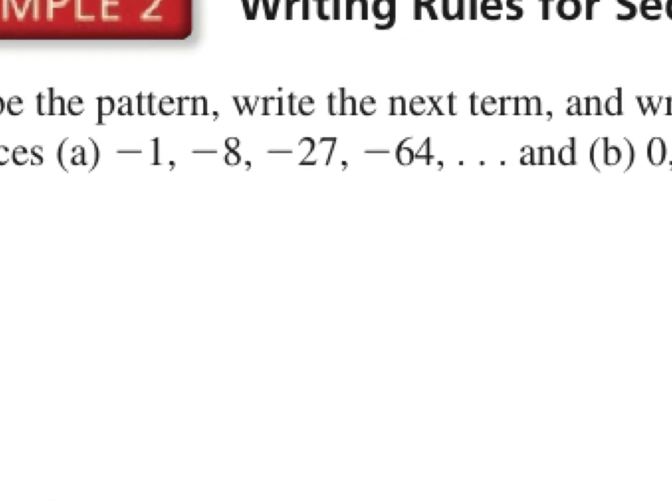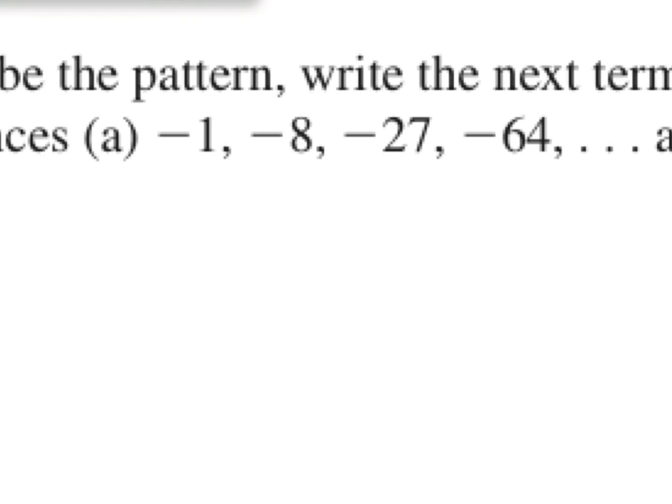So let's look at A. What do you think's happening here? I always like to look at it and see, am I adding the same number to get from one to the next? No, there's too much of a gap.